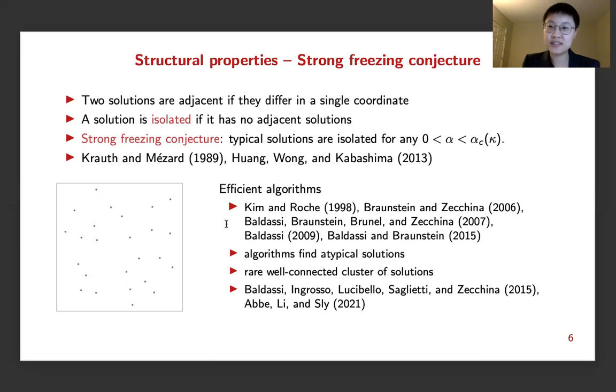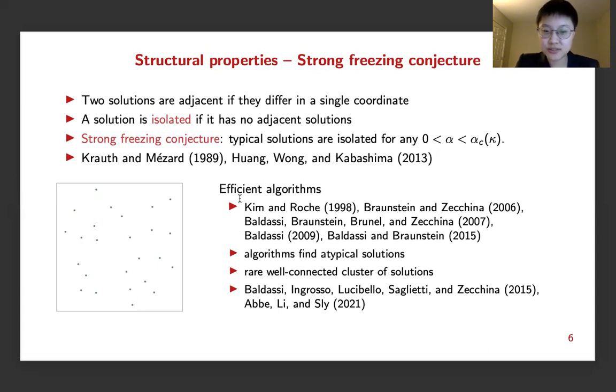If we pause here for a second and think for a while, you will notice something contradictory happening, in the sense that on the one hand, we predicted that typical solutions are isolated. When you see something like this, it usually implies a certain amount of computational hardness because solutions are isolated.